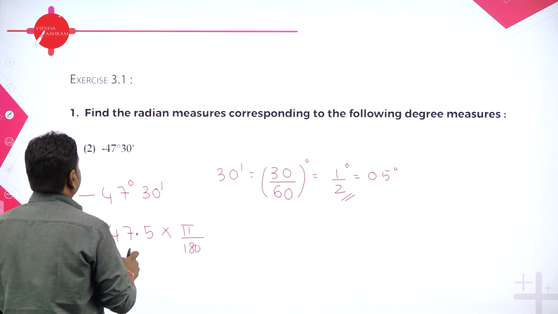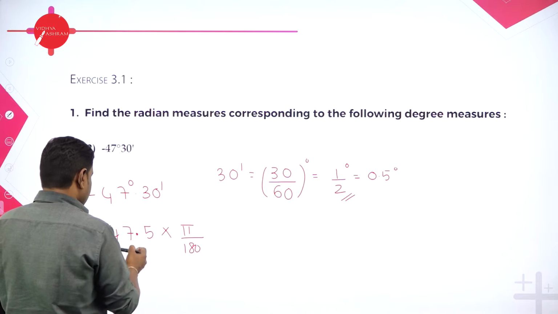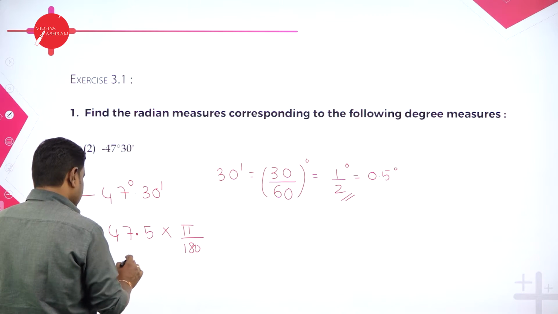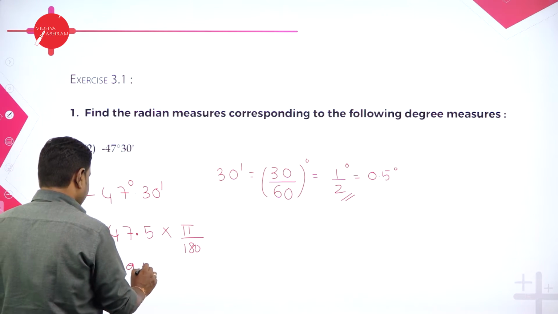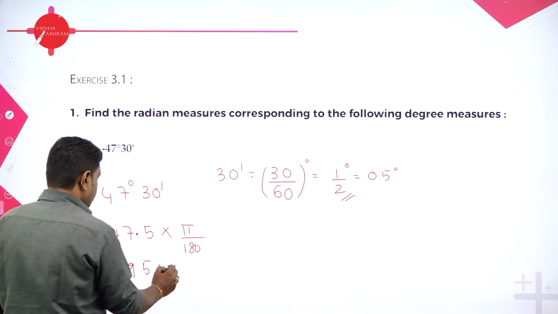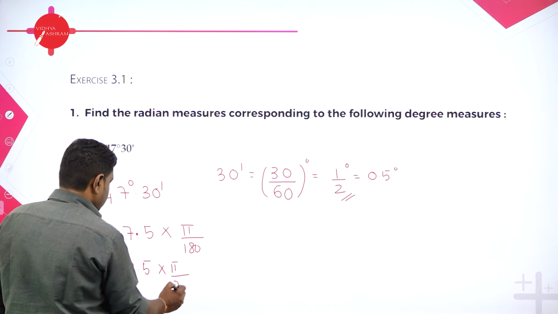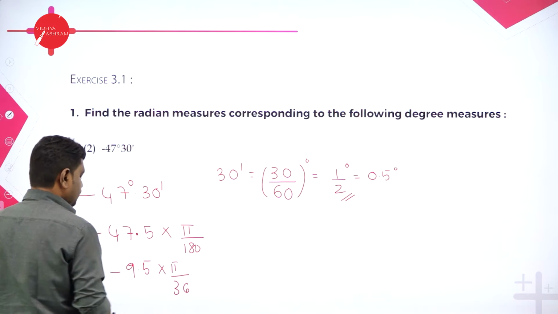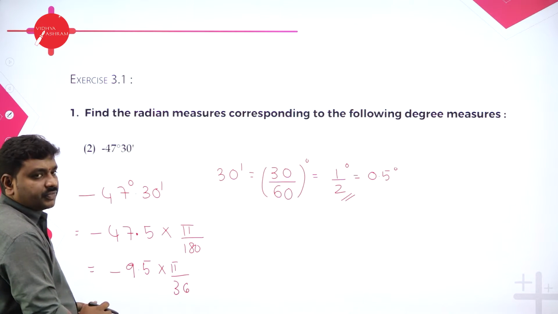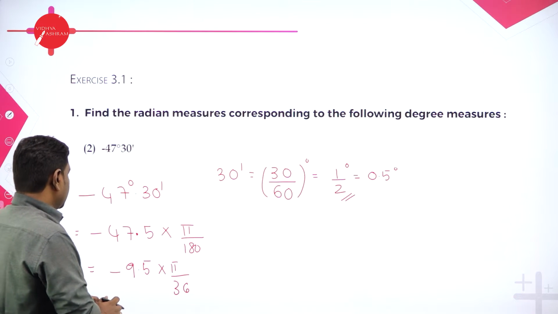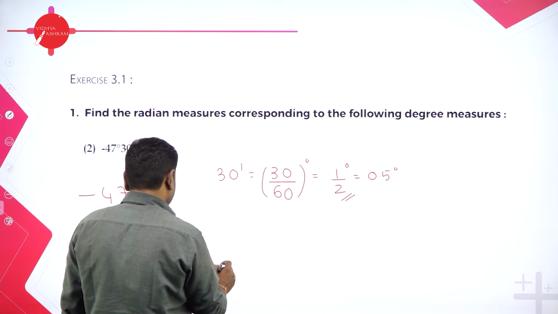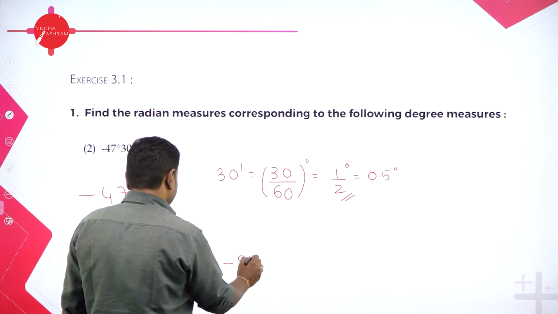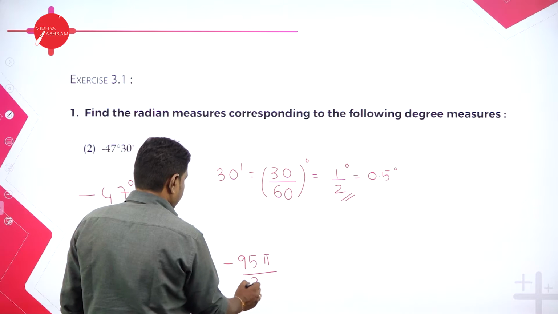If I divide this, 5 9s are 45, 5 5s are 25, pi by 36. Again 9.5, can I write it as 95 pi divided by 360?